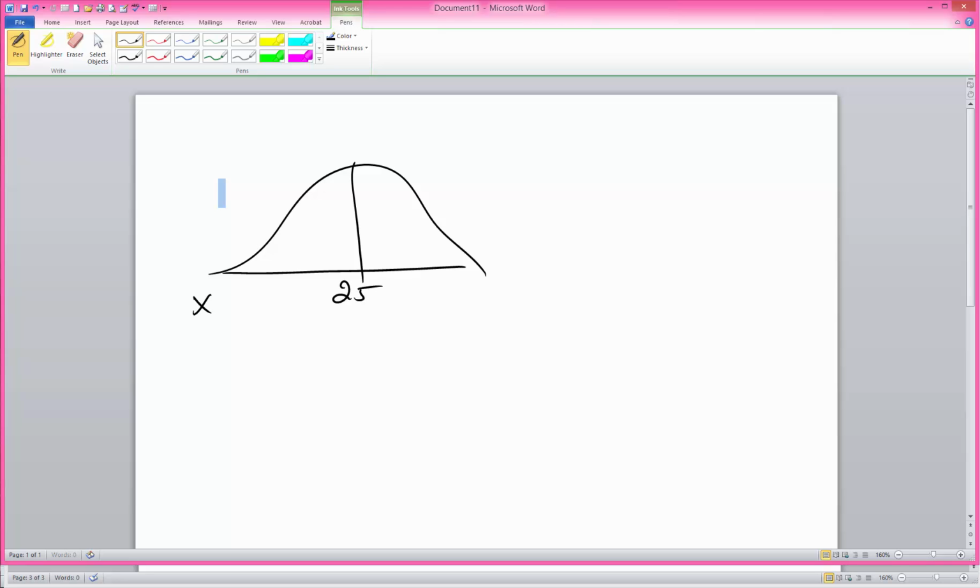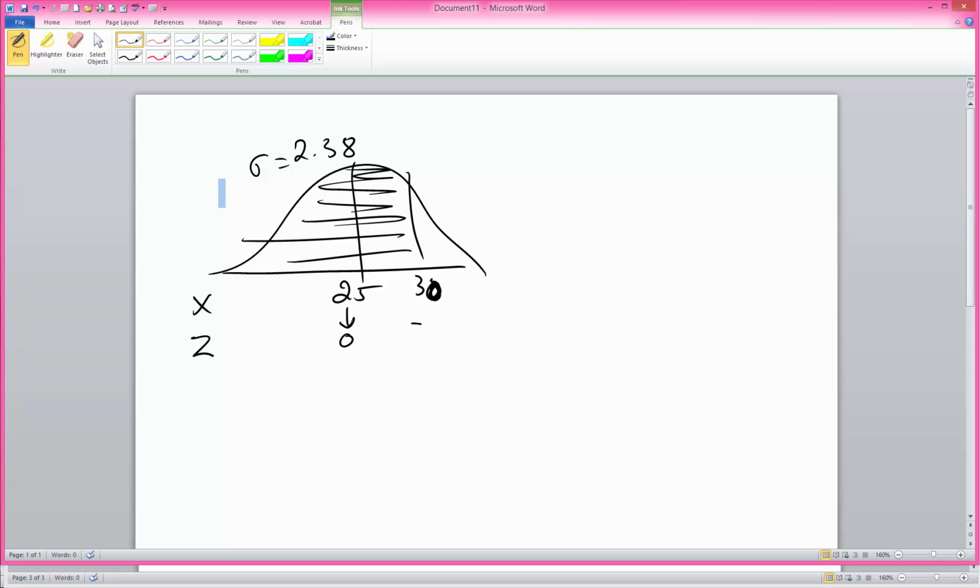We have project time on average is 25, sigma is 2.38 weeks, and we want to know what is the probability that the project will be finished in less than 30 weeks. For that, I can apply the z distribution, the standard normal table. I know that the mean has 0 value for the z, and I need to compute the z value for 30.